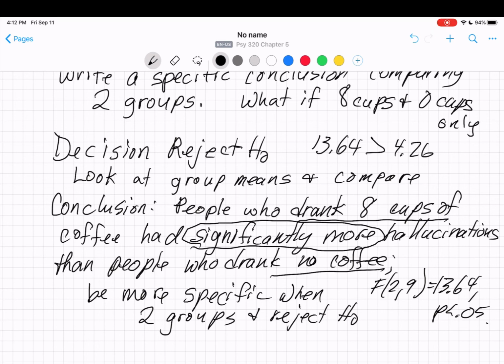And I showed you the different ways to write your conclusion depending on how many groups you have and whether or not you reject the null hypothesis. Okay, so remember, I will be doing another example later in another video. So if it's still feeling a little confusing, don't worry yet. I will go through this all one more time.